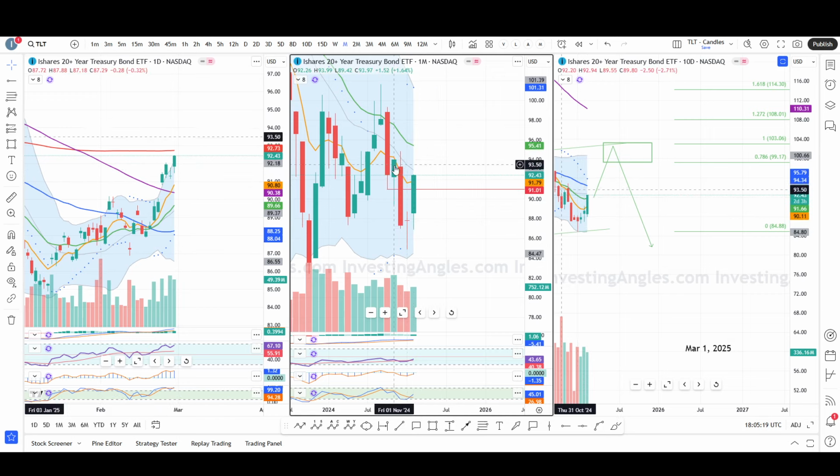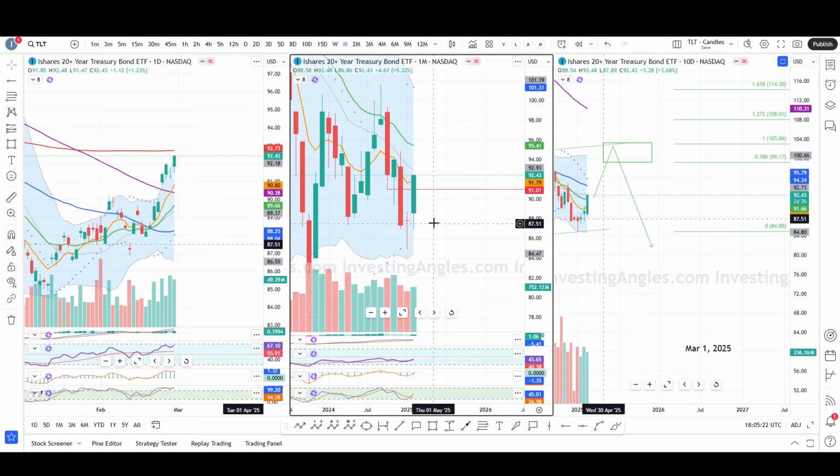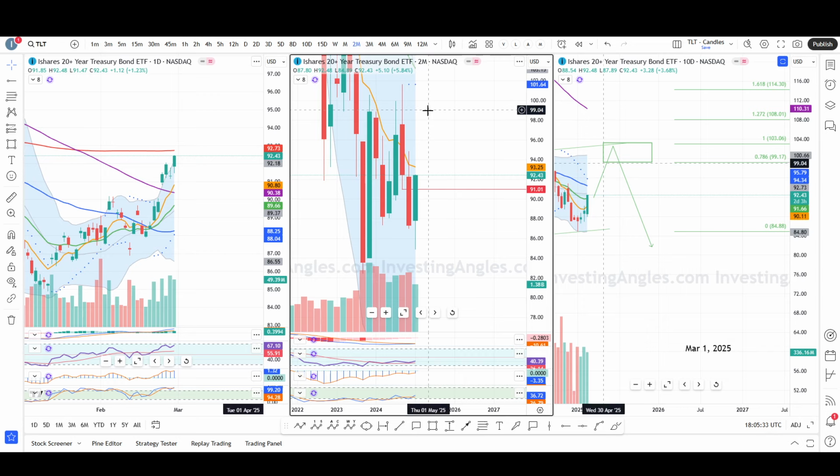However, the bottom hasn't been confirmed yet, so we need to see another strong move by TLT in the coming months. For 2 months, it's a strong one.